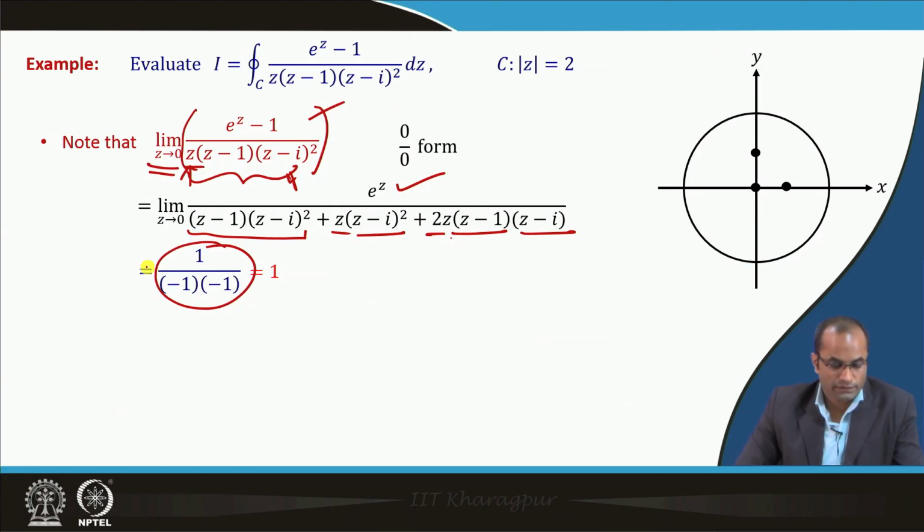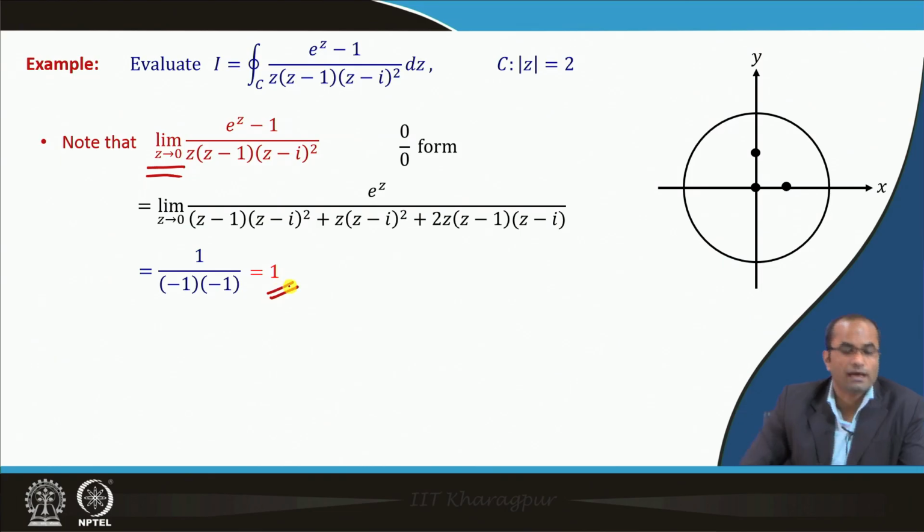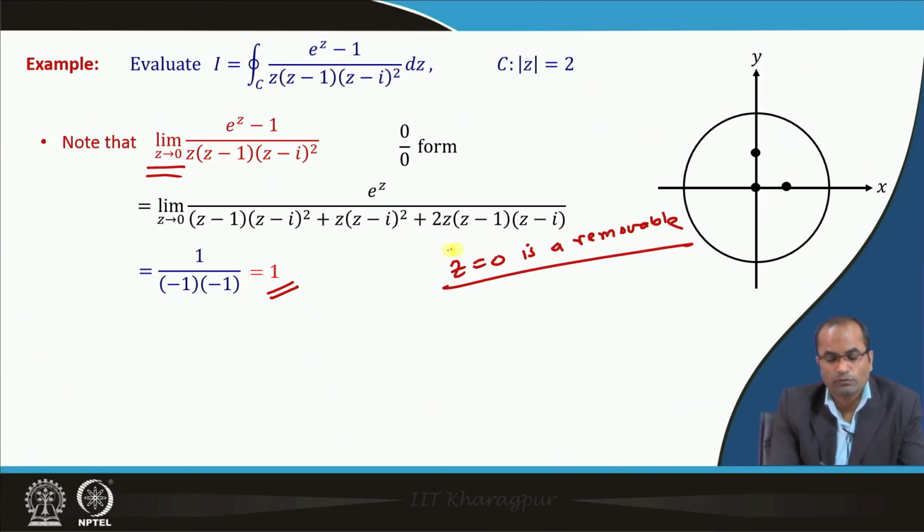So, the limit as z approaches 0 is 1. That means z equal to 0 is a removable singularity.